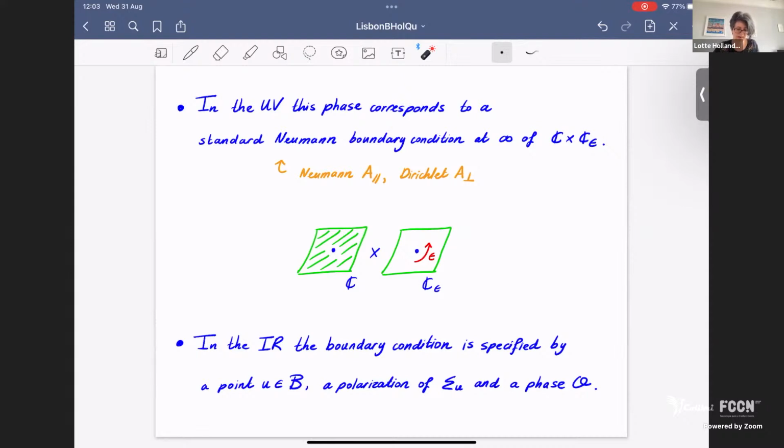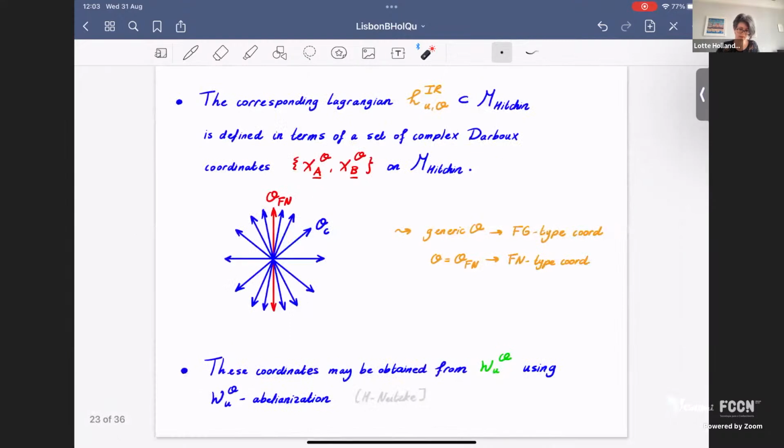But in the infrared, as we've seen, this boundary condition is specified by the point where we are on the Coulomb branch, by a polarization of sigma and the phase theta. So how do we define the corresponding Lagrangian, the Lagrangian that corresponds to this choice of parameters? Well, we can define it in terms of a set of Darboux coordinates.